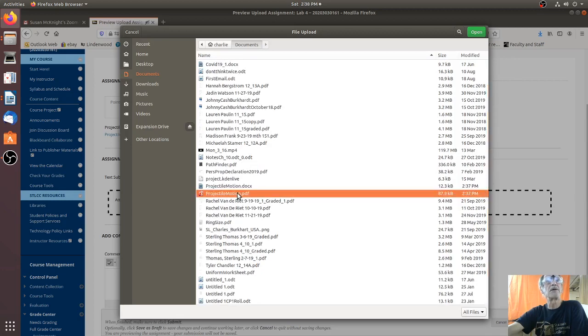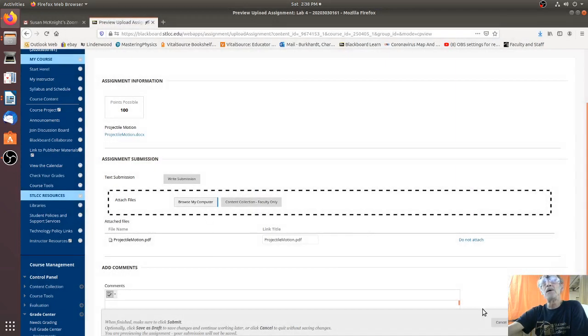Maybe on the desktop. There it is right there, Projectile Motion PDF. And then don't forget to click Submit at the end. You can't see it because my face is over the Submit button. So click Submit on the lower right, and you're done with lab this week.